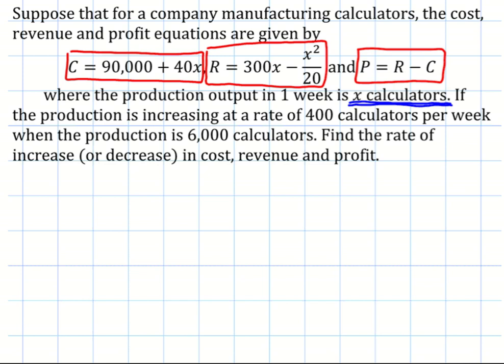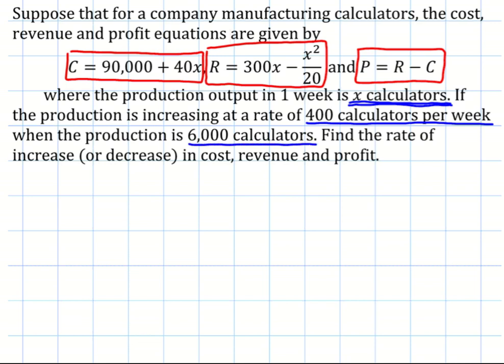Right. And also we have the production is increased at the rate of 400 calculators per week. And then when the production is 6,000 calculators.